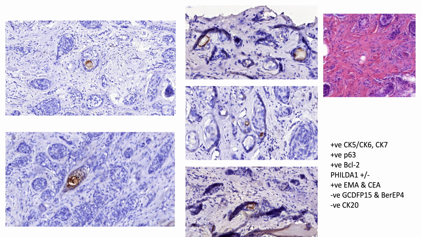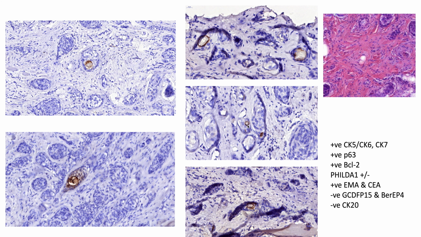And in this bottom left corner, I think I'm fairly convinced this is a good duct with a nice sharp EMA border, as you see there. That one's a bit uncertain. It's positive, and I'm not sure whether that isn't picking up keratin. It's difficult. And this is EMA.